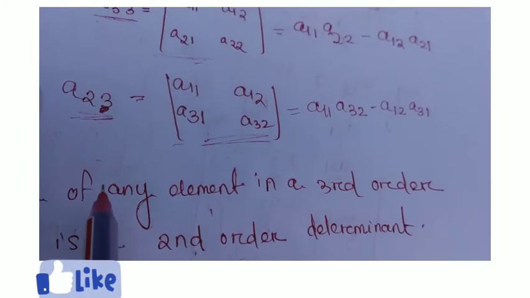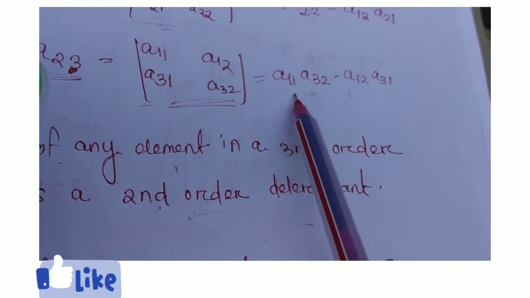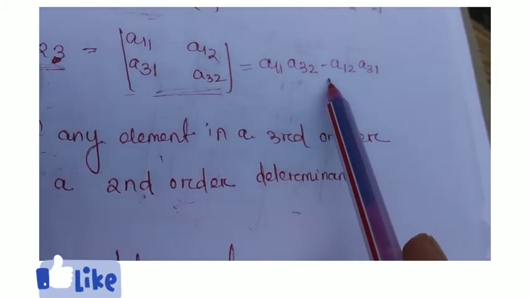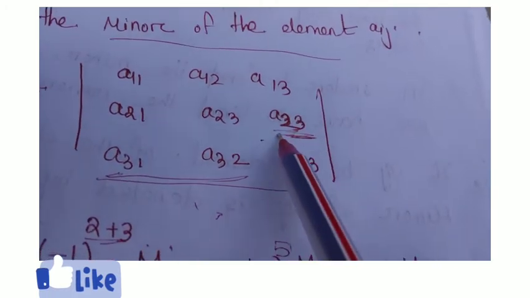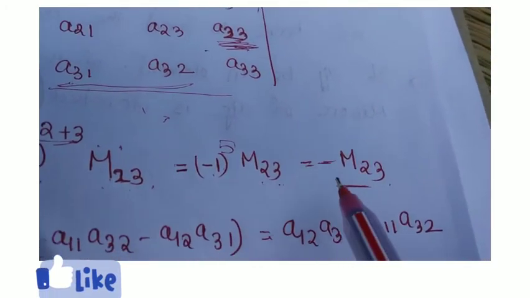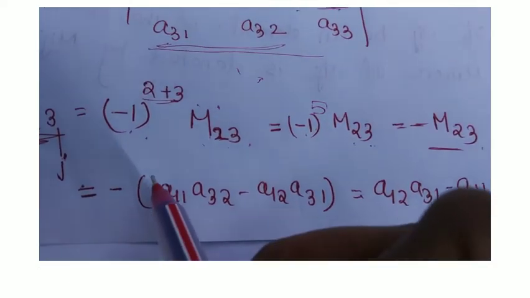m23 is equal to a11 into a32 minus a12 into a31. This is the minor of the element a23. The cofactor is minus into m23.